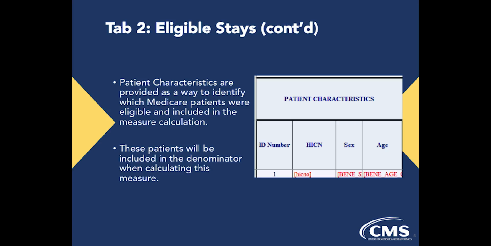This information is provided to SNFs as a way to identify which Medicare patients were eligible and included in the measure calculation. These patients will be included in the denominator when calculating this measure. If an error is identified in the information presented in these columns, the facility should follow the established claims corrections process.